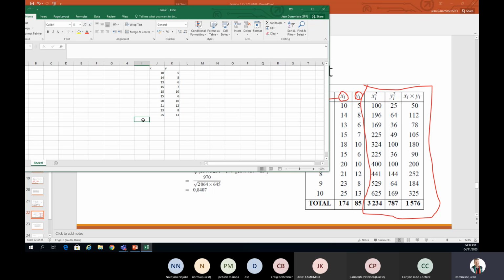So if we needed to calculate the sum of those things, we could have gotten the sum of x with the sum function, and you'd see we get the same as was given there. The same with y, we can do the sum function and we get it for y.